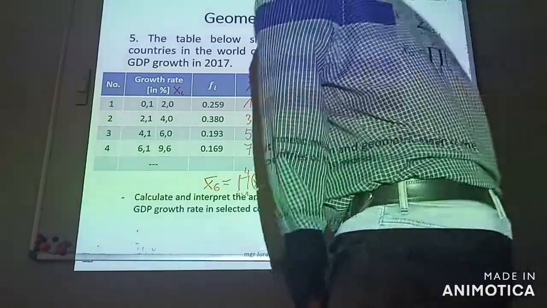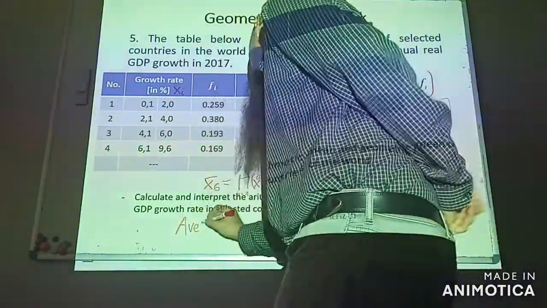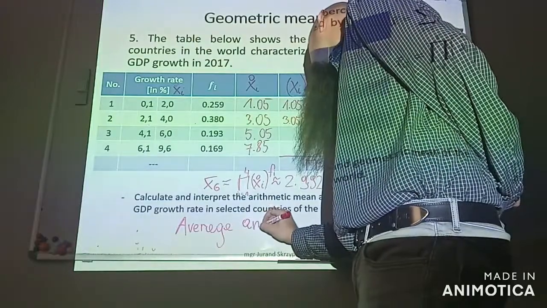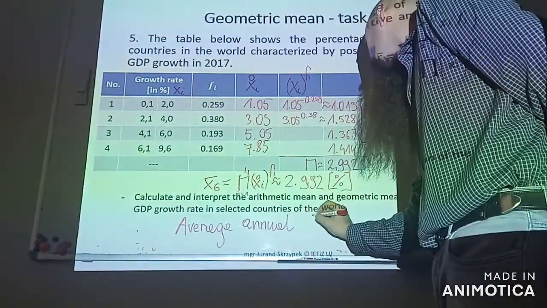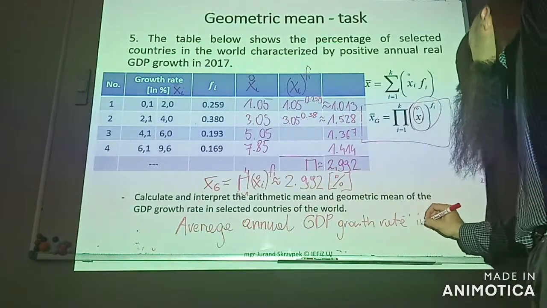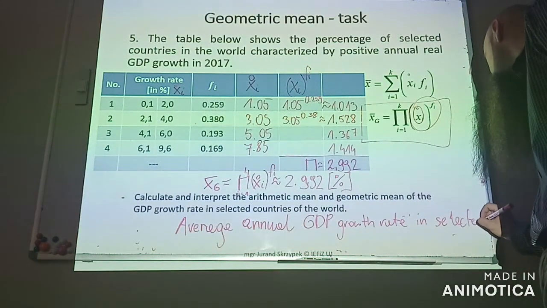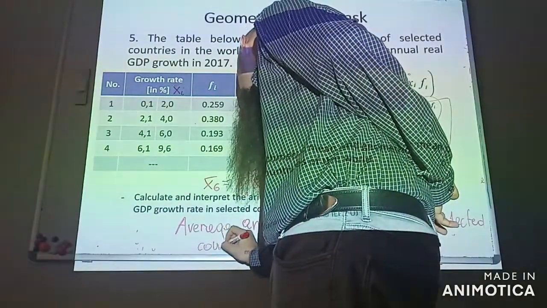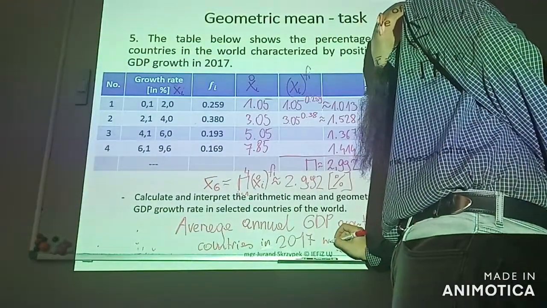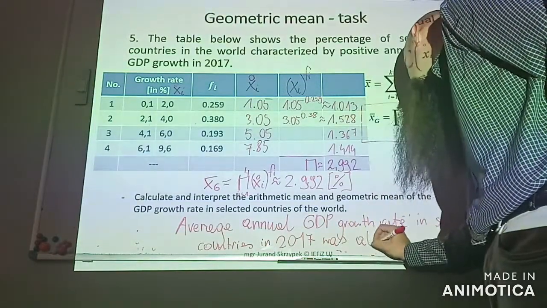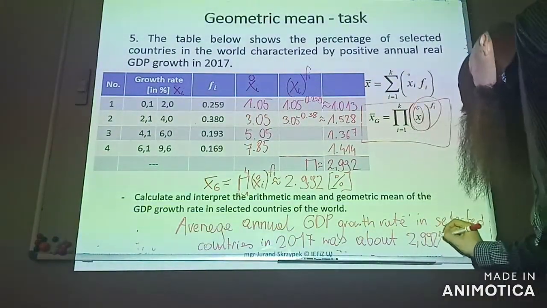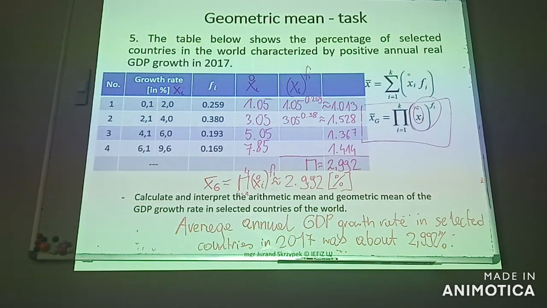So it means that, this is the interpretation, average annual GDP growth rate in selected countries in 2017 was about 2.992%, and that's all.